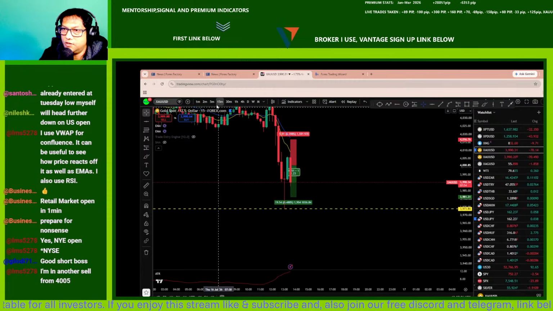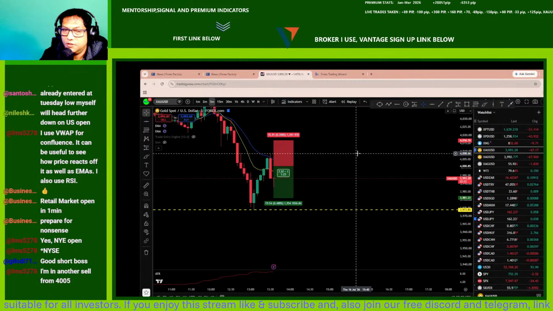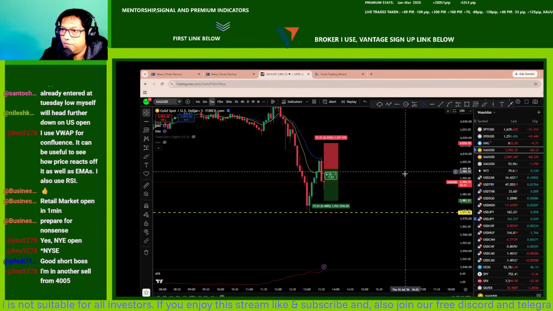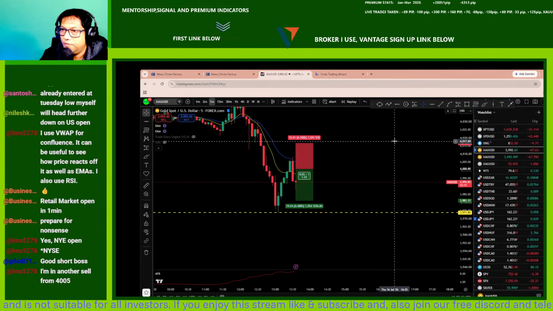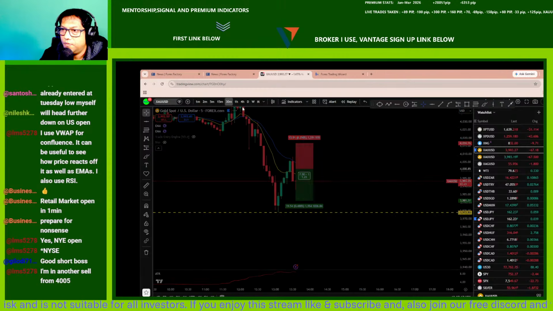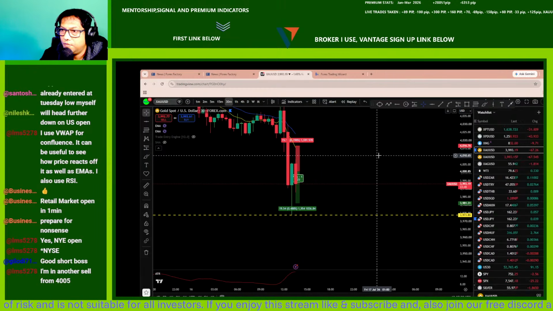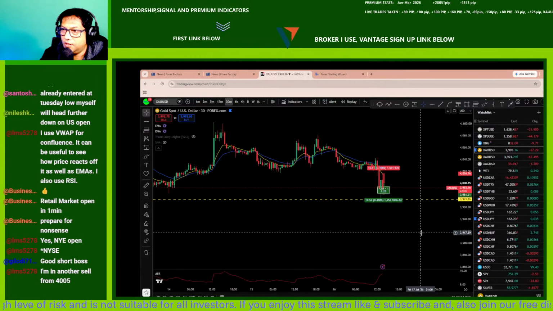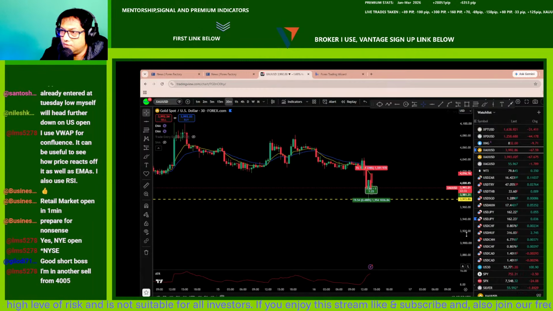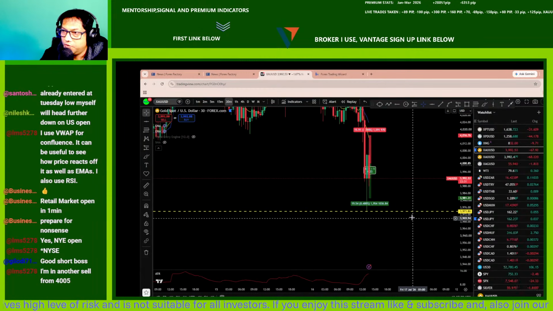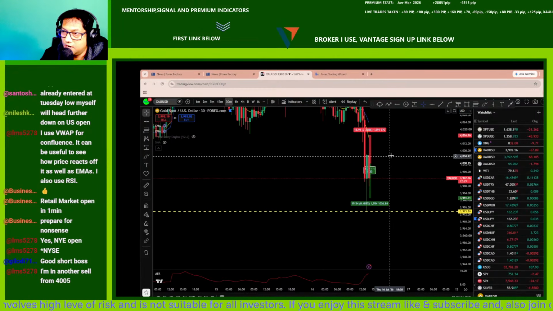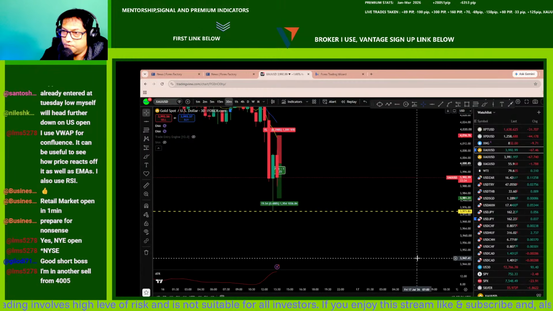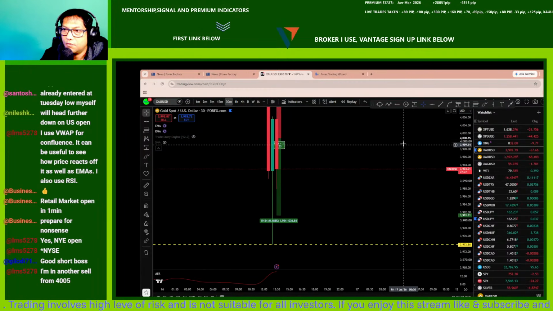So this is where you can see the market is. I think the bias is that if the market successfully breaks below, it can come well below to the support.